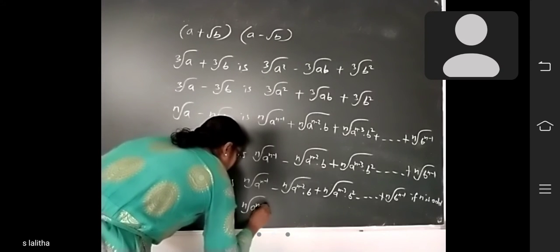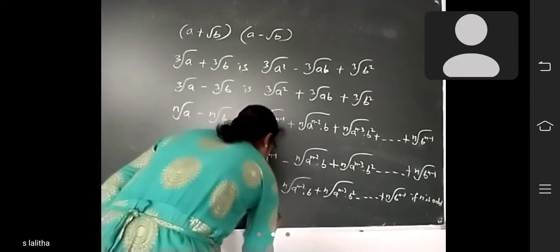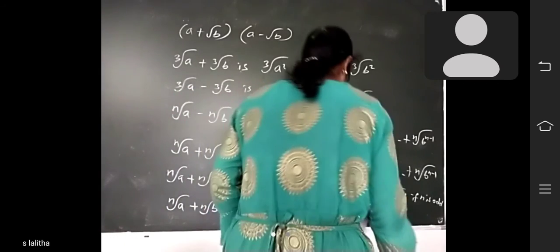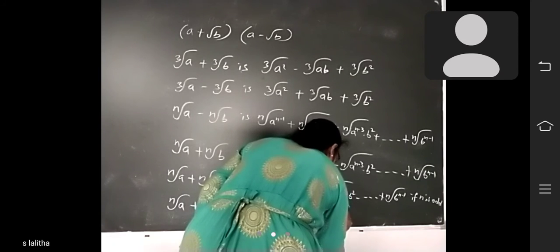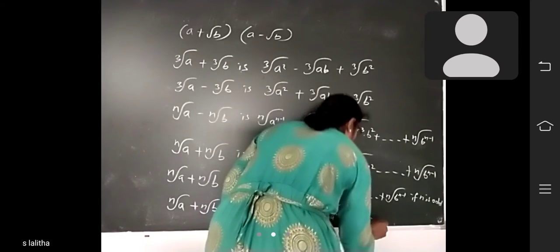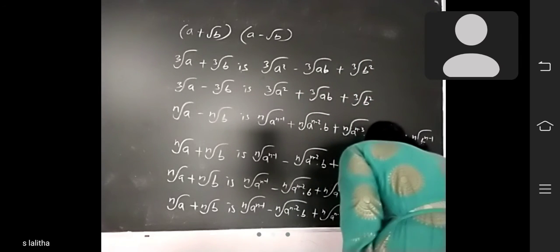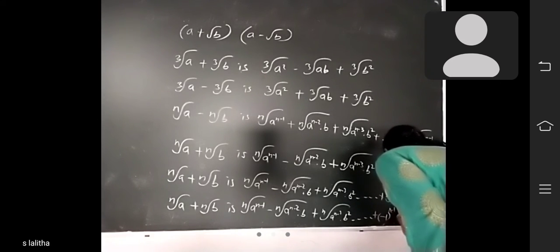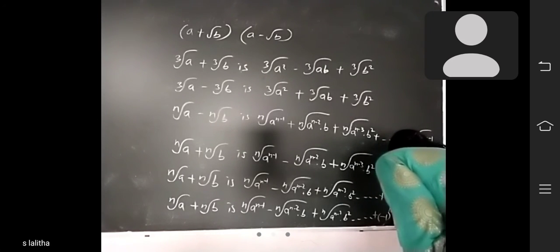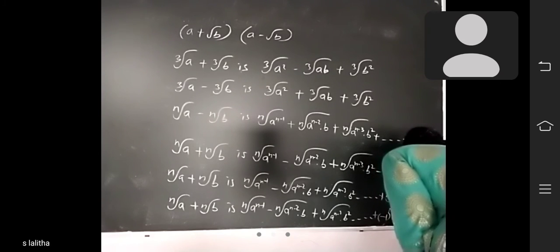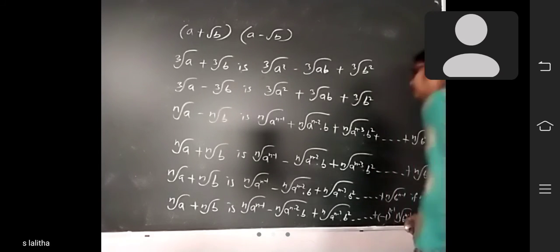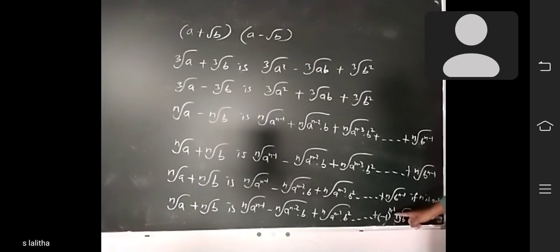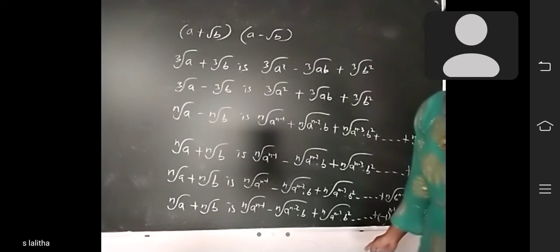Nth root of a power n minus 1 minus nth root of a power n minus 2 into b plus nth root of a power n minus 3 into b square minus so on plus minus 1 whole power n minus 1 nth root of b power n minus 1, if n is even. Same formula, but here you will get the last term with minus 1 whole power n minus 1 if n is even. Okay children, come on, write.